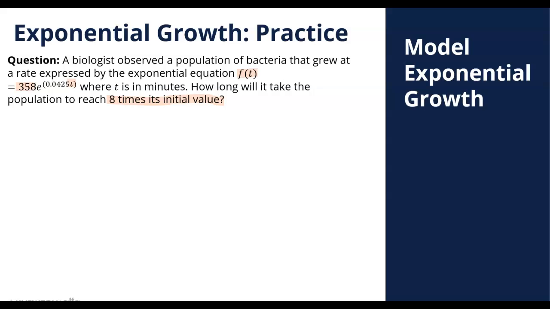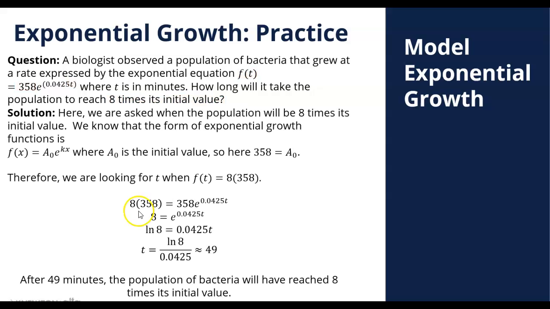The number here is the initial value of our expression. So to solve this, we're going to replace our f of t by 8 times 358. And so we solve this equation: 8 times 358 equal to 358 e to the 0.0425t.